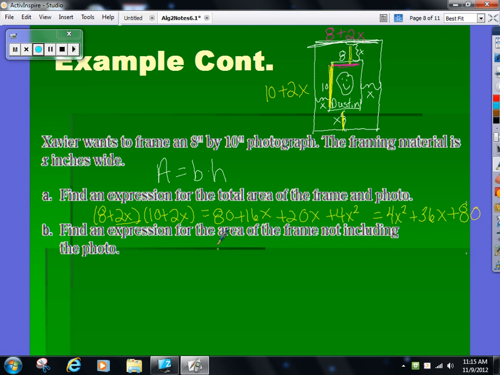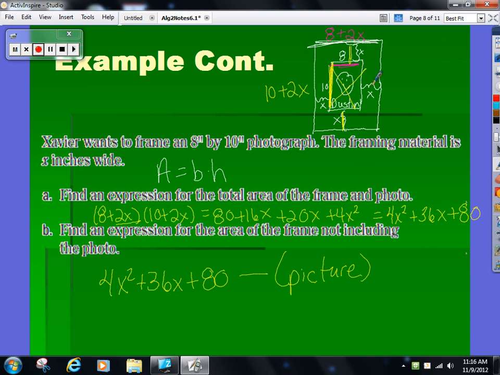Okay? To find an expression for the area of the frame, not the photo, I call this a donut problem because I don't want Dustin's picture in there. It was just that little paper picture of the stranger. We usually throw those away. So I have the whole area is 4x squared plus 36x plus 80. I am going to take out the picture.